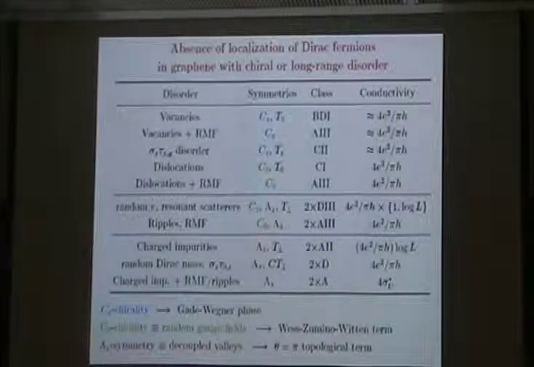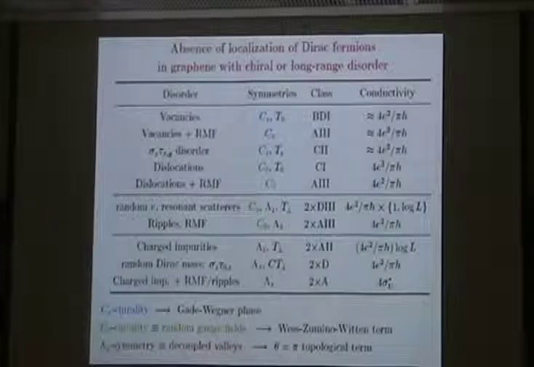I will show some more slides on this. So if you introduce on a site some potential of finite strength, then it of course breaks the particle hole symmetry. But if you consider the limit of this potential going to infinity, it means you simply eliminate the site. Then the symmetry is restored.